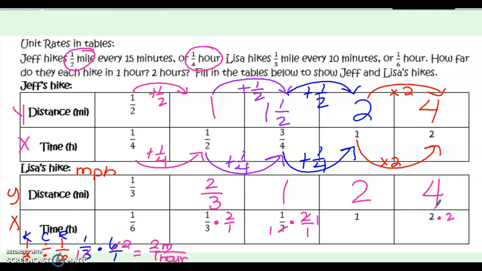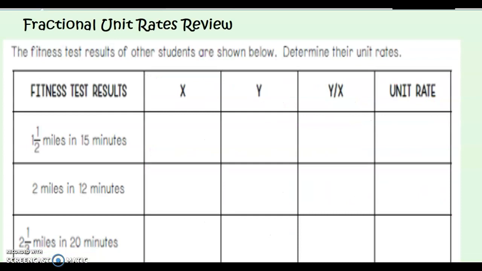The next example is just a review for how to find unit rates and identifying it in a table. So x is our minutes, and y is going to be our miles. When we fill this in, this first one's 1.5 miles in 15 minutes. So we have 15 minutes, and I'm just going to change them to improper. Then this is telling me to take y and divide by x.